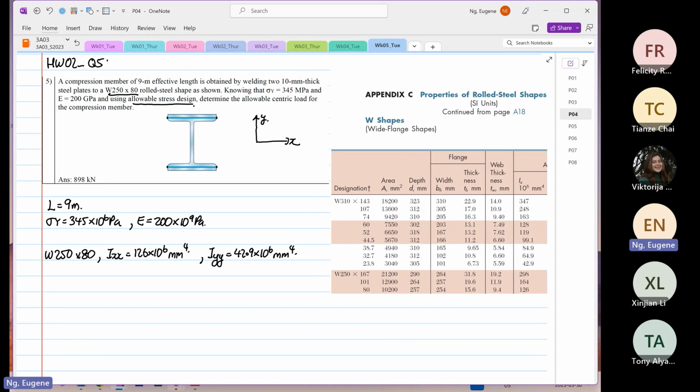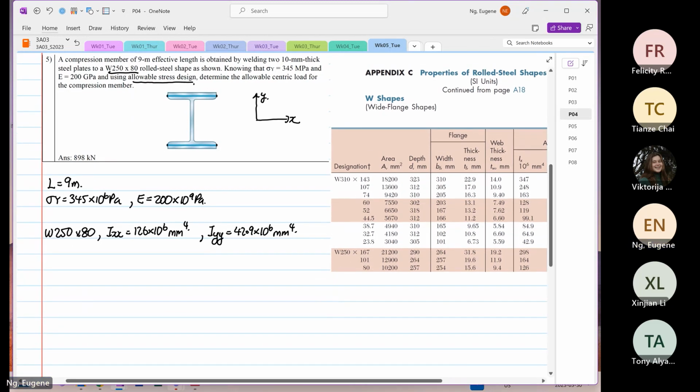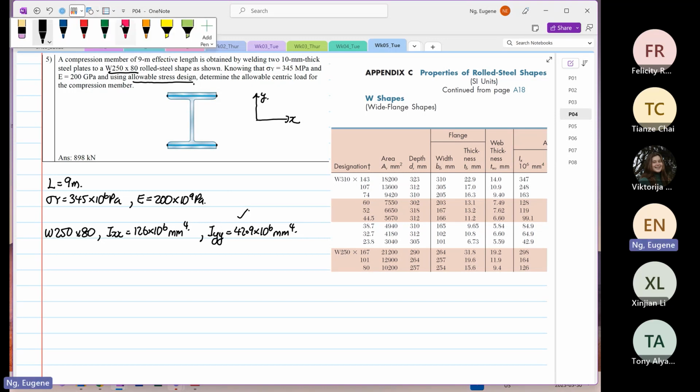millimeter to the power 4. Okay. So from here, if we look at the second moment of area, we know that buckling will occur about IYY. We know that, right? But we cannot take this value by face value, or we cannot determine yet, because there are two extra plates welded.